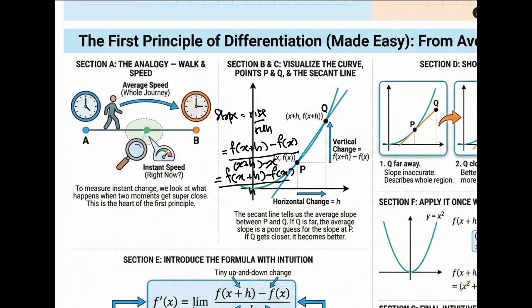Now, please bear in mind that we have been clear that the formula of rise over run alone is not enough to calculate the slope for a curve. It's only ideal for the slope of a straight line.